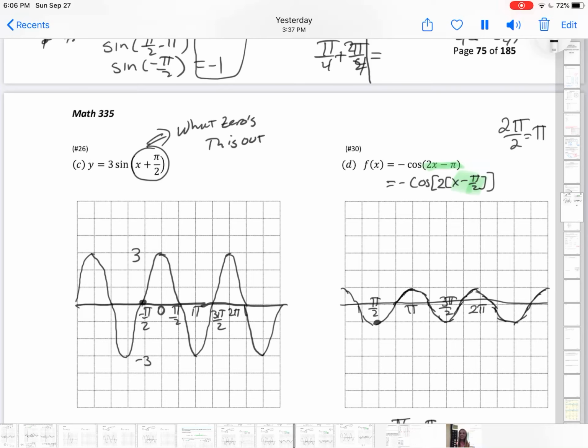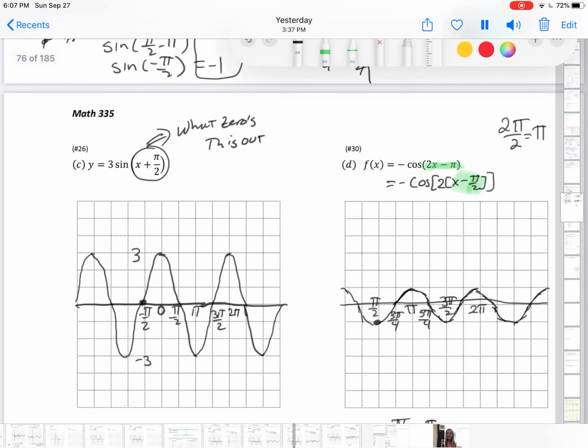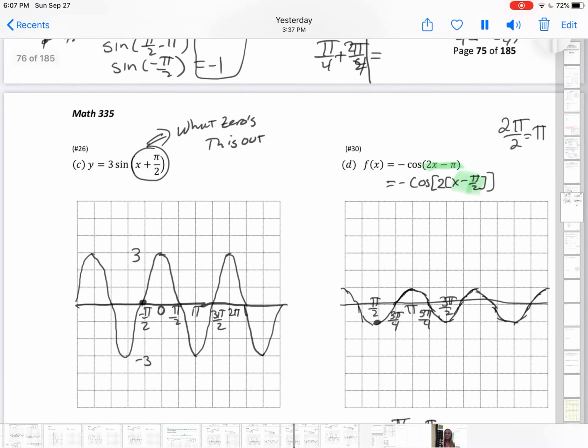Let me be careful here. Okay, so it reaches its full, yeah, no, we're good. That's pi over 2. This is 3 pi over 4. This is 5 pi over 4. 3 pi over 2. I was a little bit off on where I labeled the 2 pi, and that's what got me confused, I think. 3 pi over 2 right there.